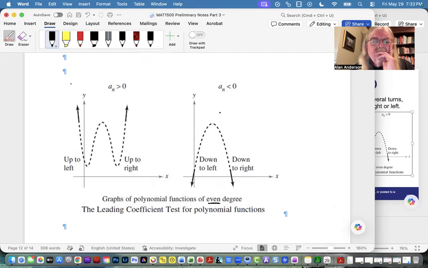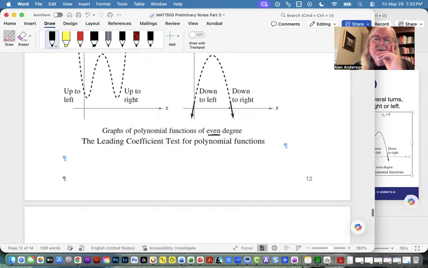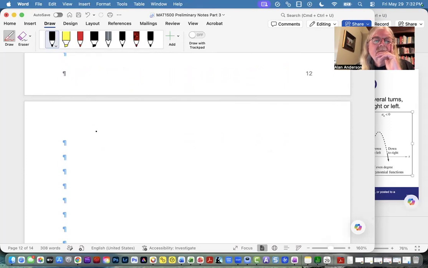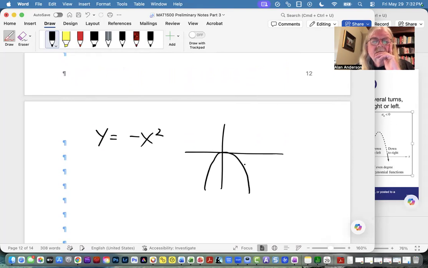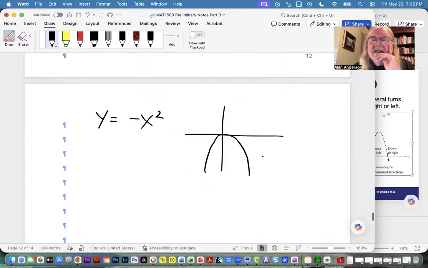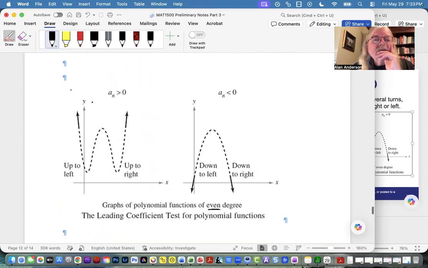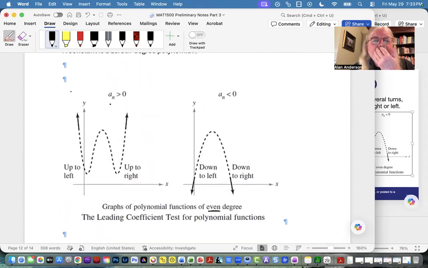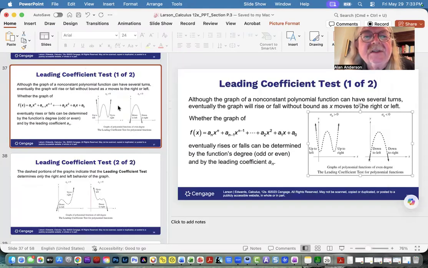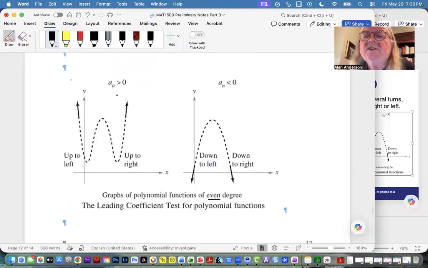Okay. So, for example, I can show you quickly an example of the one on the right. That's what negative x squared looks like. And it has that same basic shape. I don't know any examples of this one on the left off the top of my head. Tell you what, we can look one up. Let's just go look on Symbolab for 4x squared, just to keep it simple. Oh, actually, no, that's just going to be a parabola.